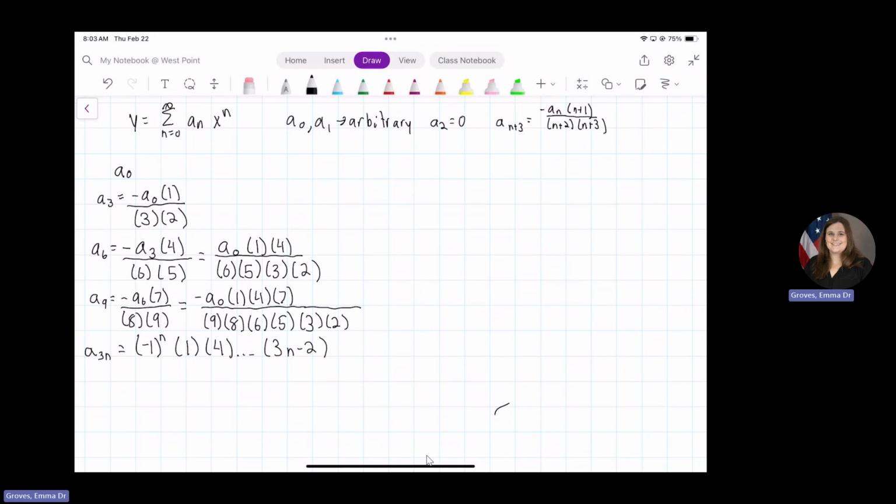So this is just a general way of saying I'm going to count by threes and multiply up.